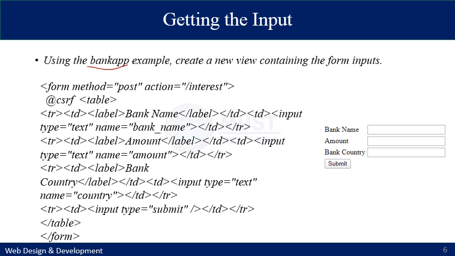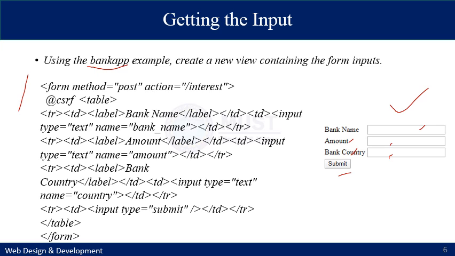This code shows a form, and it has the same fields that we discussed in the last lectures. It has a bank name text field, an amount text field, a country text field, and an input of type submit.